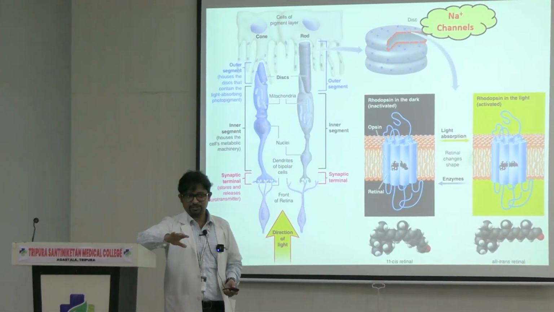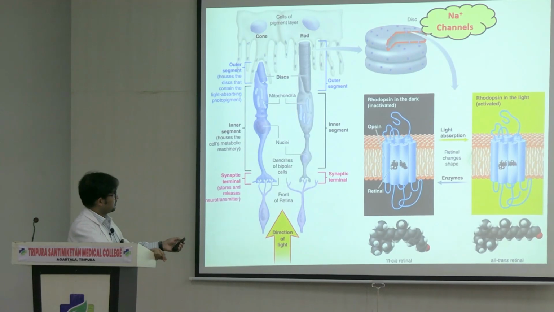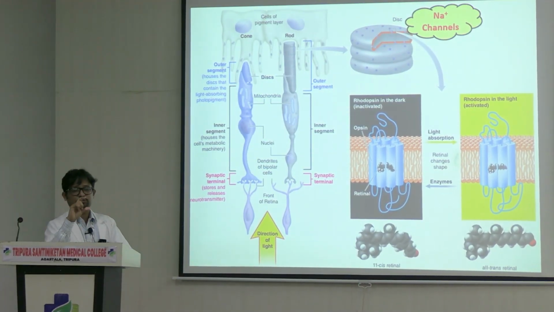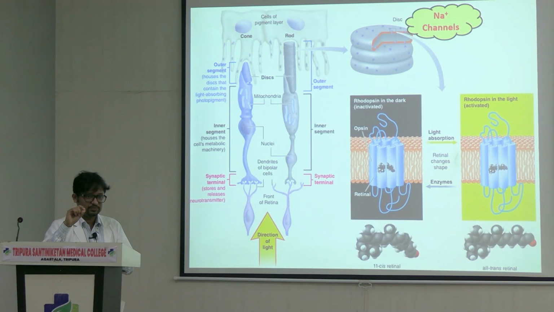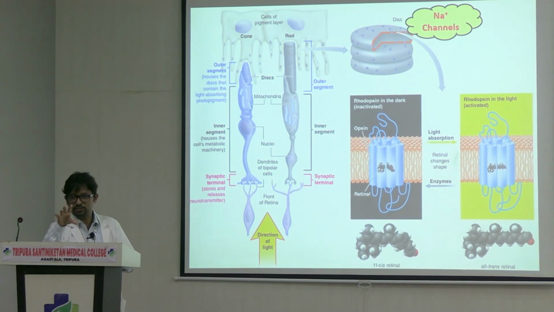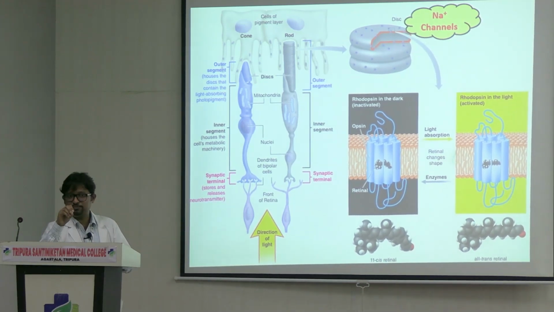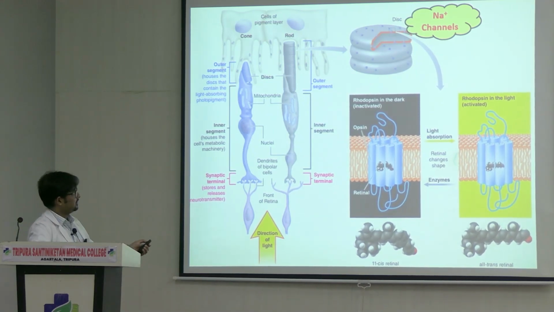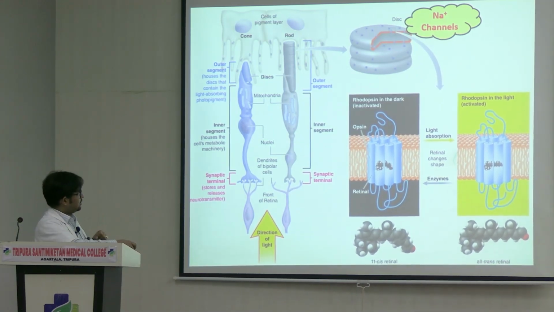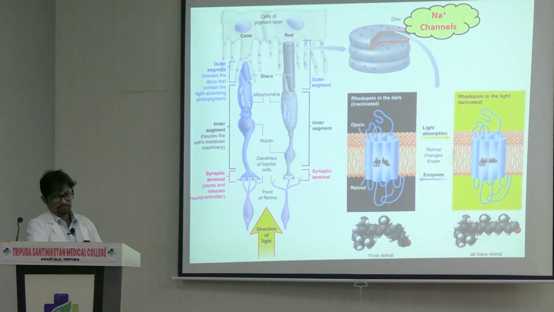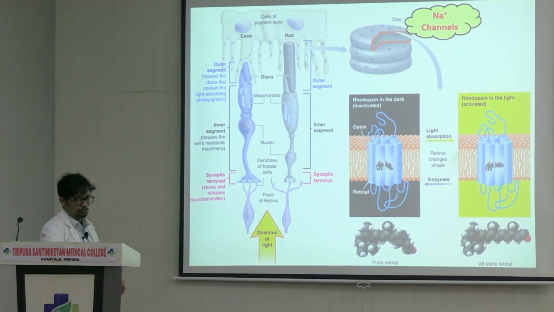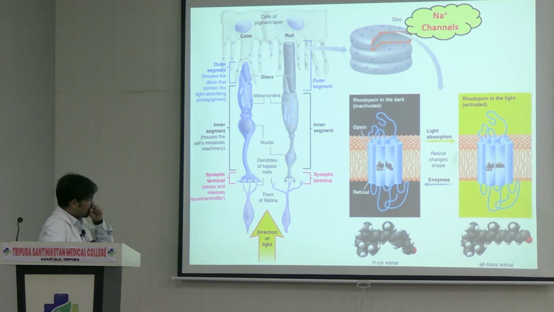Both these receptors have an outer segment, which is this, where stacks of photopigments are present. Rhodopsin, iodopsin, all of this. The pigments which get bleached during the process of vision are stacked here, in the outer segments. In the inner segment you have the cell body, because it is also a cell like all other cells. It will have a nucleus and the main part of the cell body.